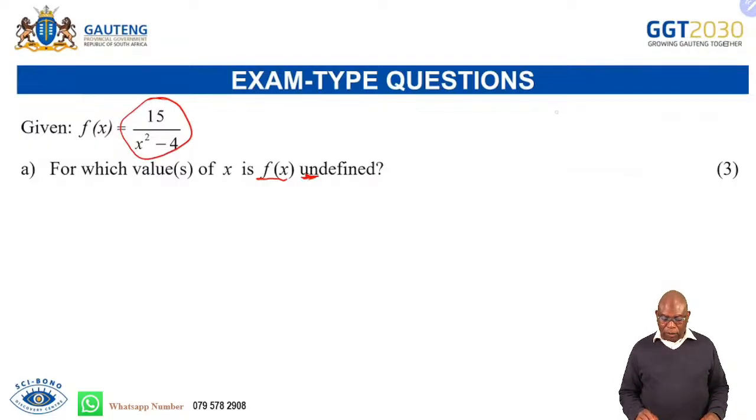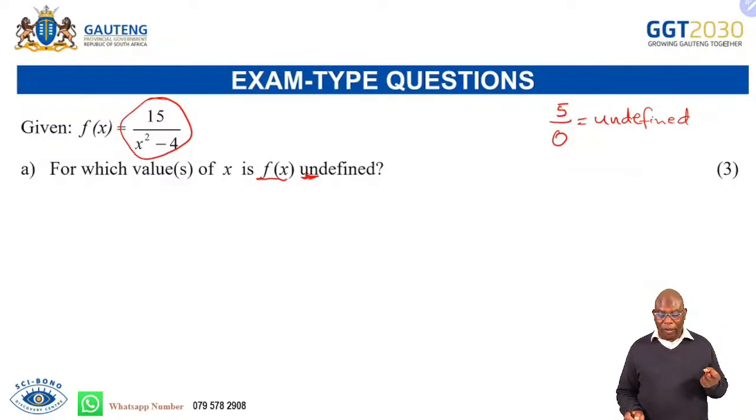If I've got 5 and I divide it by 0, that becomes undefined. It does not make sense that we can take a number, 5, and divide it by 0. But the square root of a negative 5 is a complex, non-real number, and we can work with it. But division by 0 is totally undefined.